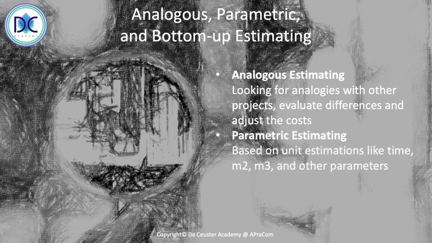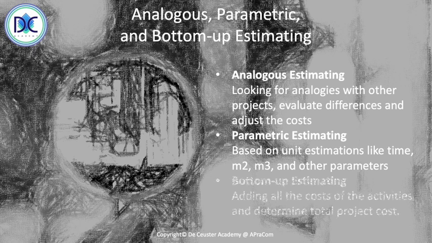Here we have unit estimations like time, square meter, cubic meter, and other parameters. So a task will take a certain time at a certain tariff, or we have to do work on a certain number of square meters, and we know the price per square meter. Another element is bottom-up estimating, and here we look at all the costs of the activities or the work packages, and we can calculate the total project cost.